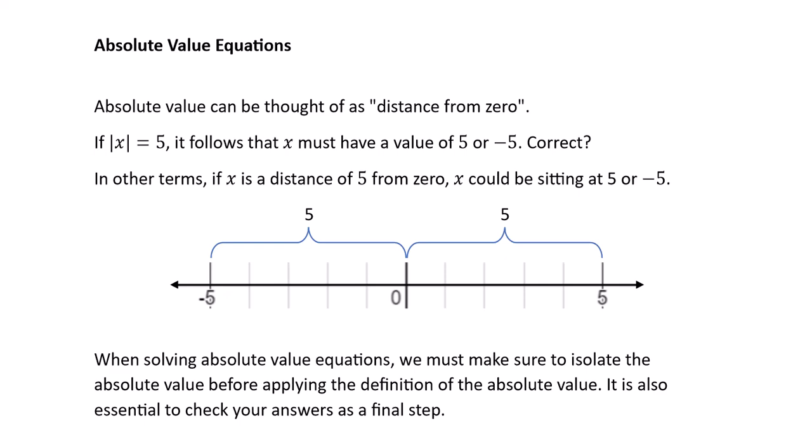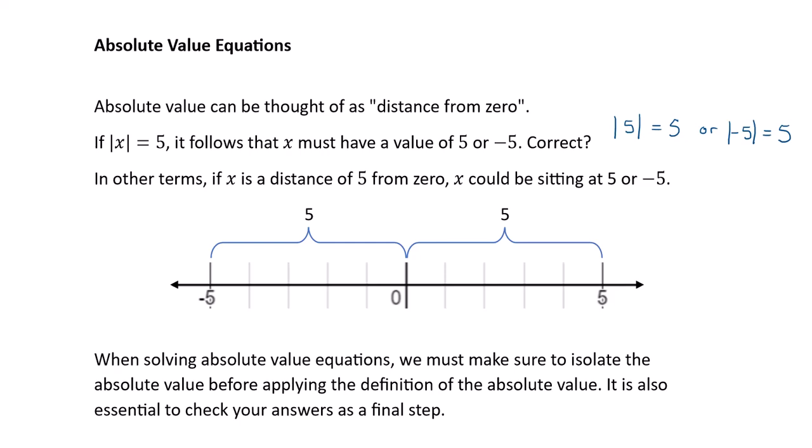Isn't this correct? Because the absolute value of 5 equals 5, and the absolute value of negative 5 equals 5. And we're looking for all solutions where the absolute value of that number would be 5.